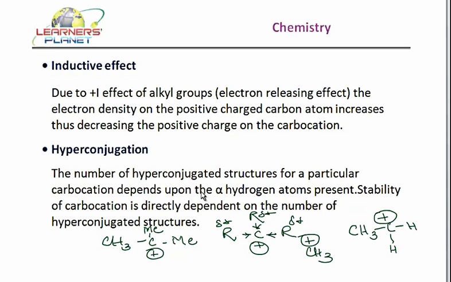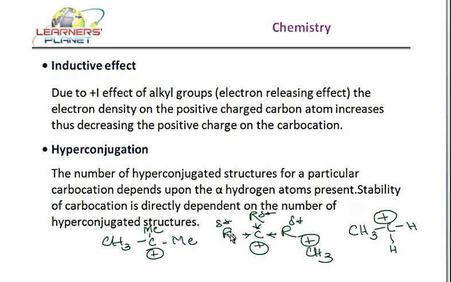The sigma electrons of the carbon hydrogen bond conjugate with the vacant p orbital of the carbocation. And this hyperconjugation is also known as the Baker and Nathan effect or no bond resonance. So, the more the number of alpha hydrogens, the more the number of hyperconjugated structures.